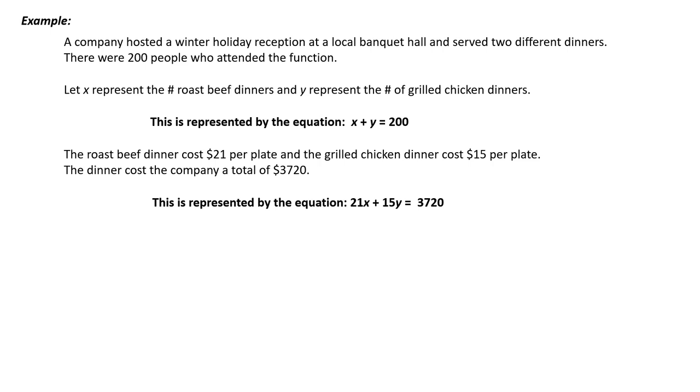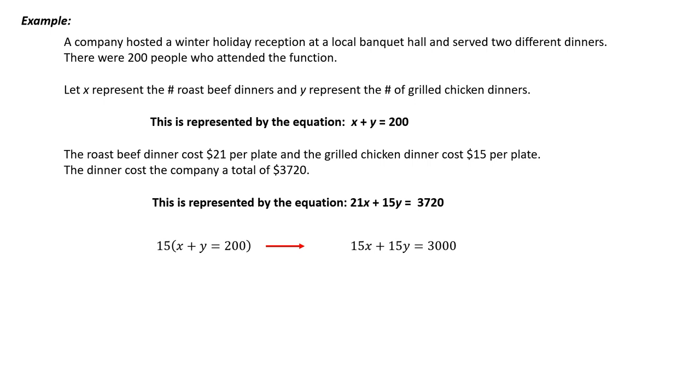However, neither the x nor the y variables have the same coefficient. But if we take one of the variables from the first equation, they both have a coefficient of 1, so we could pick either one. But if we multiply the first equation by 15, we would get 15x plus 15y equals 3,000.